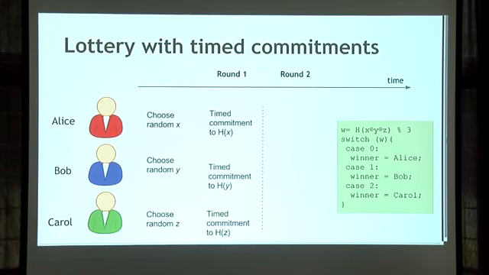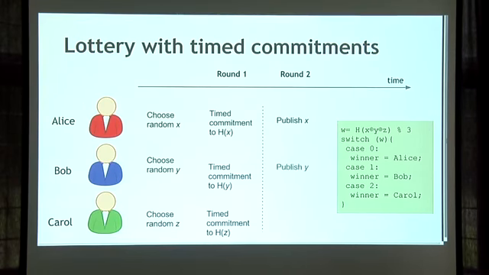So how can we use this primitive of timed hash commitments to do a more secure lottery? We'll have almost the exact same structure as before, except instead of using the simple hash commitments, now everybody is going to use a timed commitment where if they don't reveal their random value by a certain time, there's a bond that the other two players will get to keep.